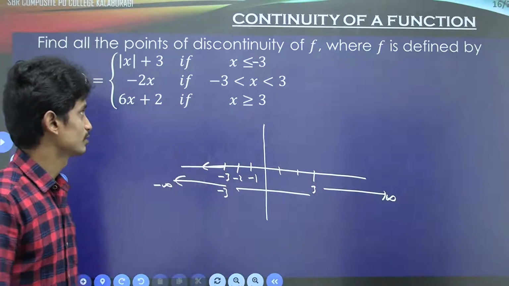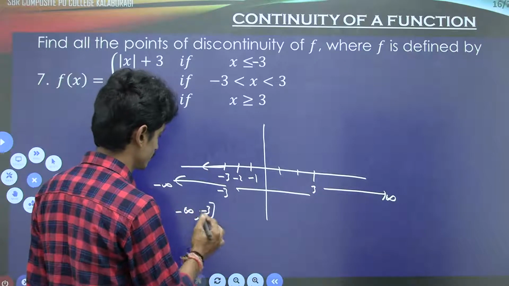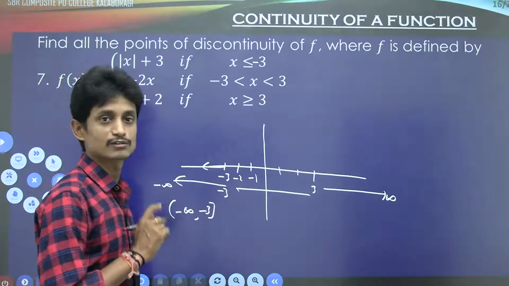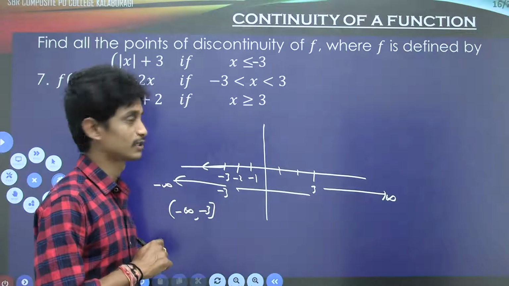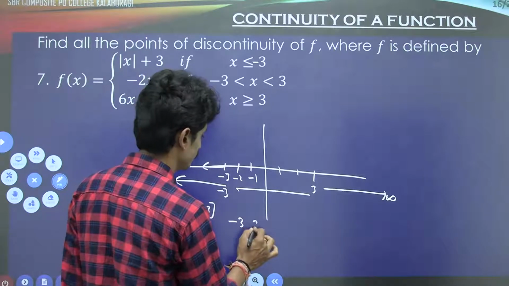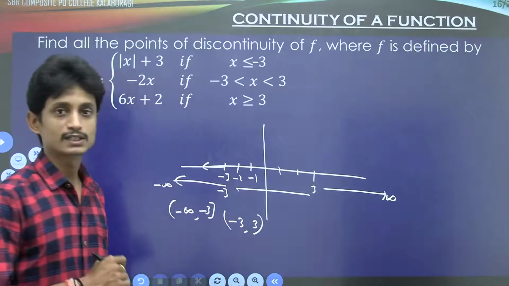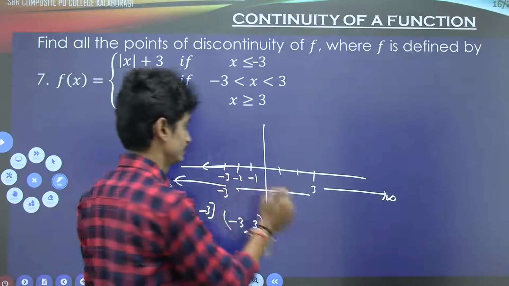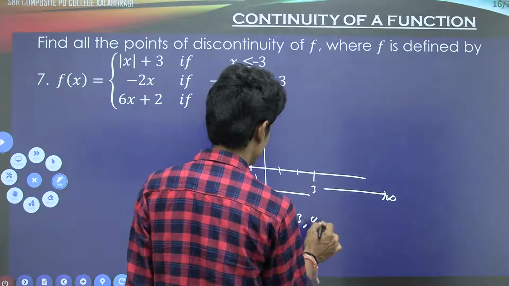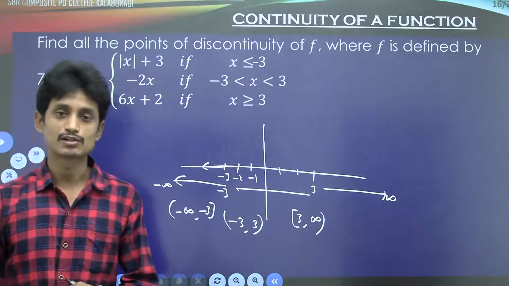So, like this, they have given. It means that minus infinity to minus 3, this is one place. Here we have to check whether our function will be continuous or not. Minus 3 to plus 3, here our function will be continuous or not. 3 to infinity, whether our function will be continuous or not.